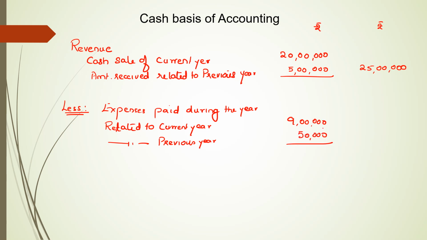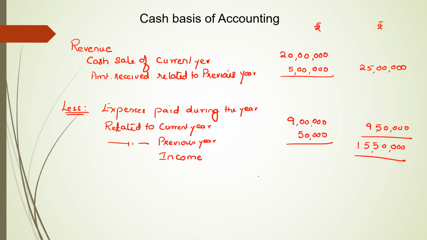So whatever has been paid towards expenses during the current year is taken as expense of the year, so 9 lakh 50,000 is the expense. Now taking this, 15 lakh 50,000 is the income of the year when you are following cash basis of accounting.